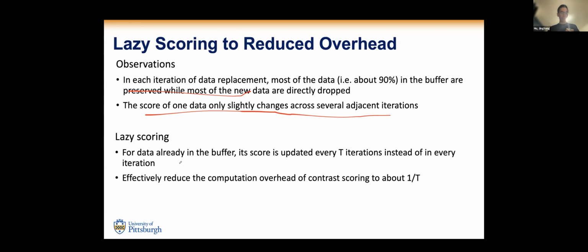Therefore, for data that's already in the buffer, its score is updated every t iterations instead of every iteration, and we effectively reduce the computation overhead of the contrastive score to about 1/t.